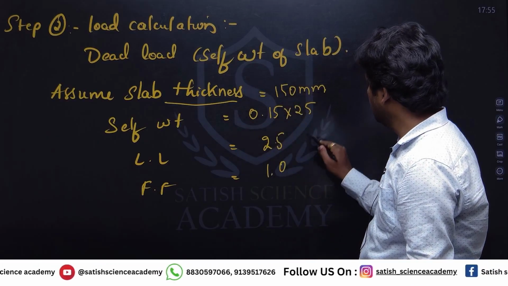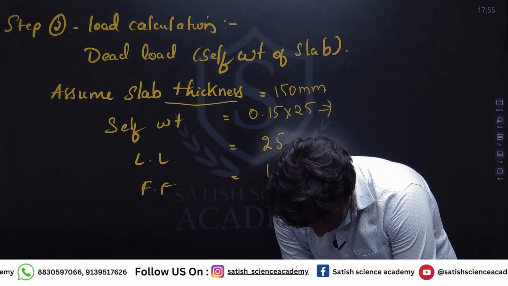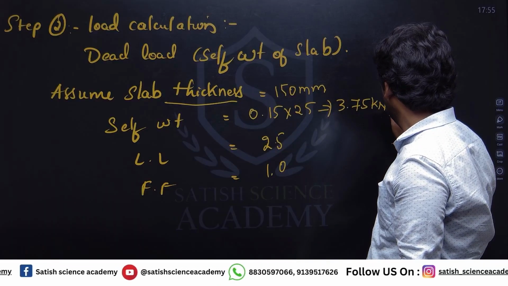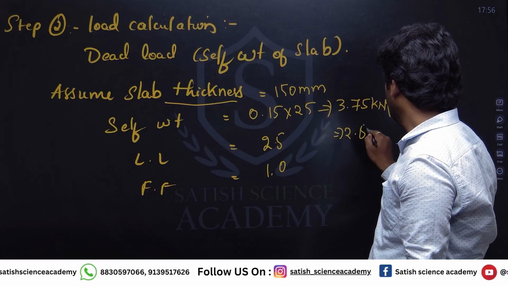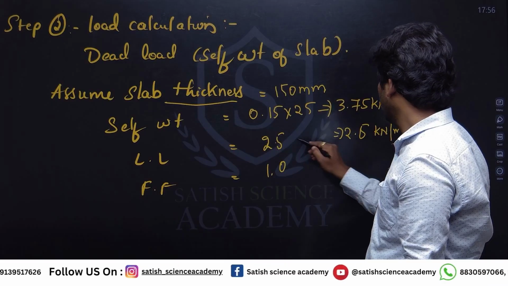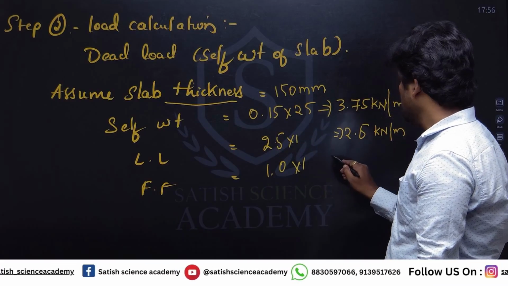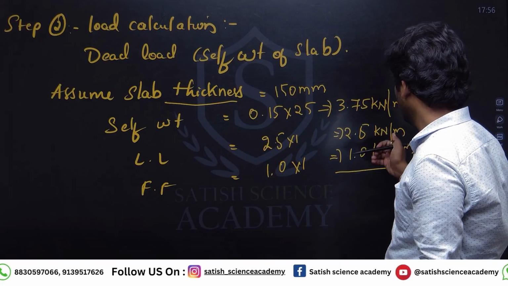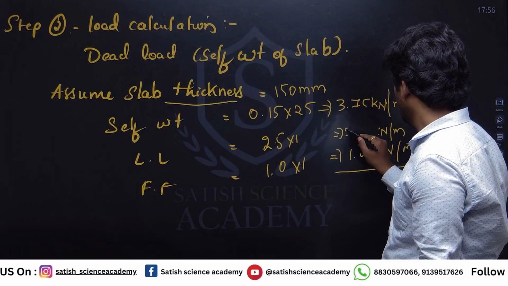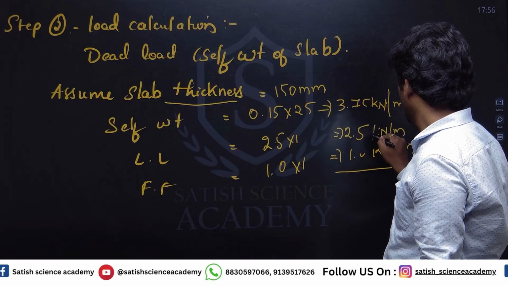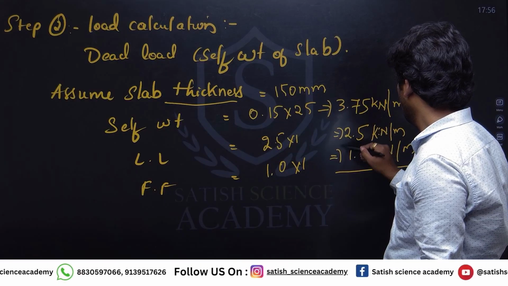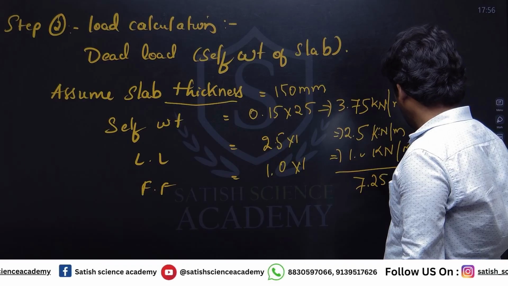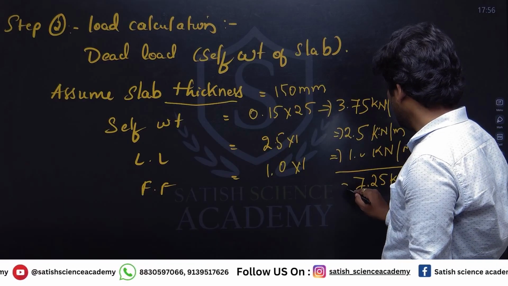Floor load is 1.0 kilonewton per meter. So this one is 7.25 kilonewton per meter. This is W.